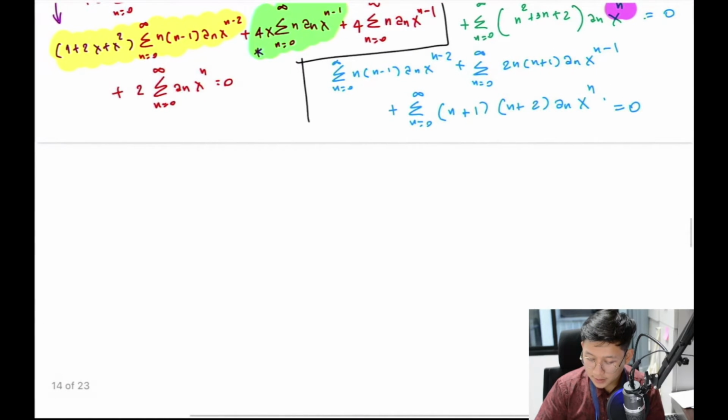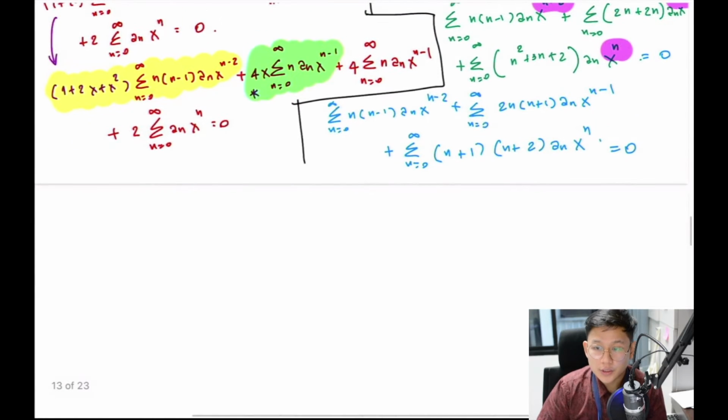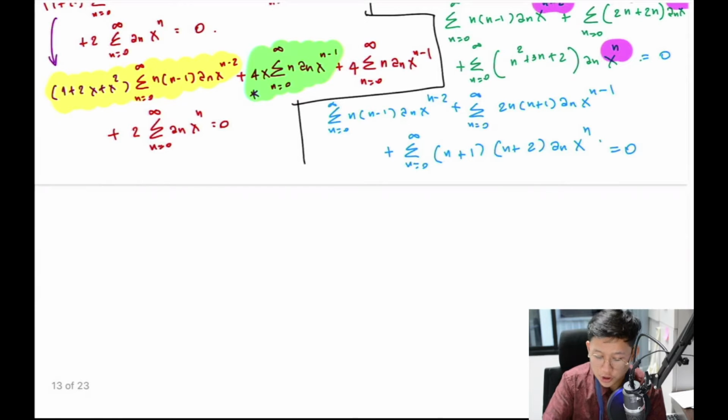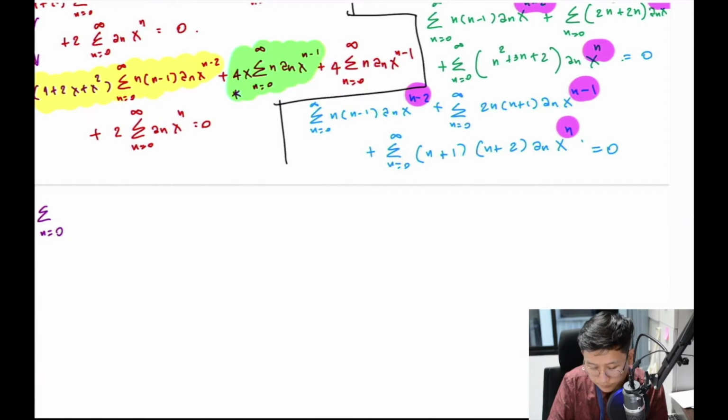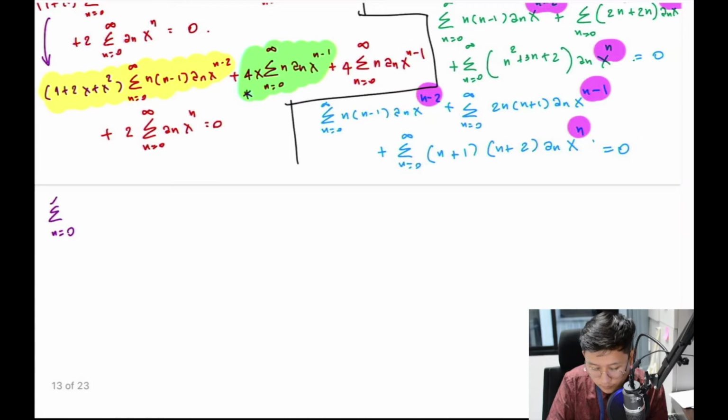So after this, what we are going to do is to now change the exponent. Change the exponent here. So this would be summation n from 0 to infinity n minus 1 an x to the n minus 2, plus summation.